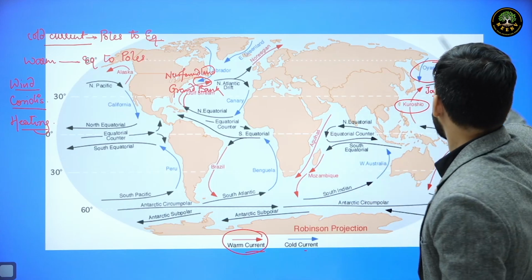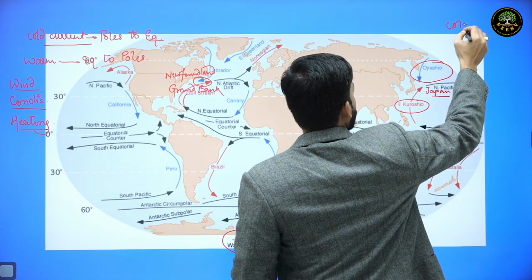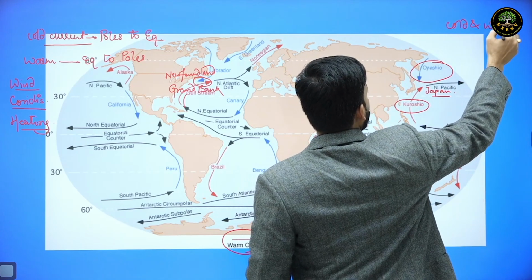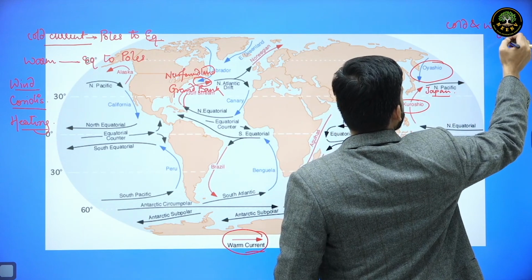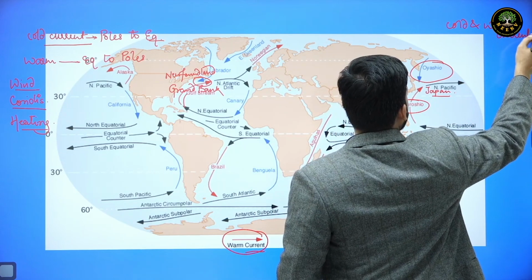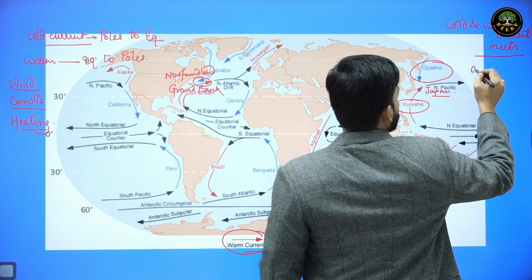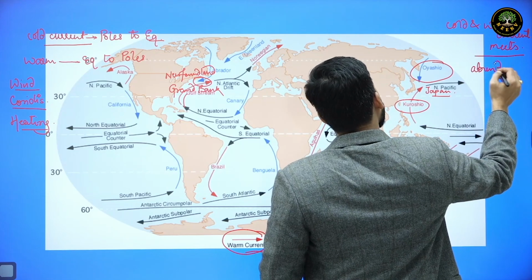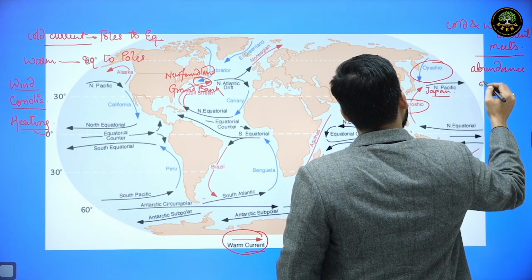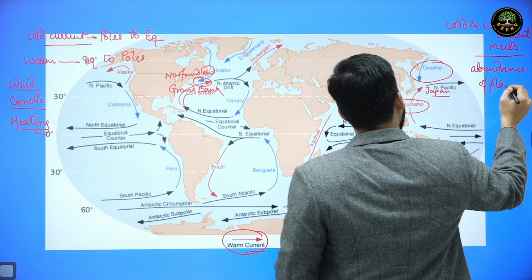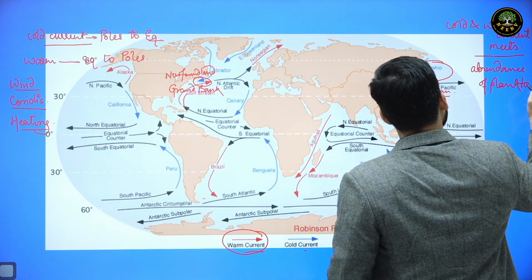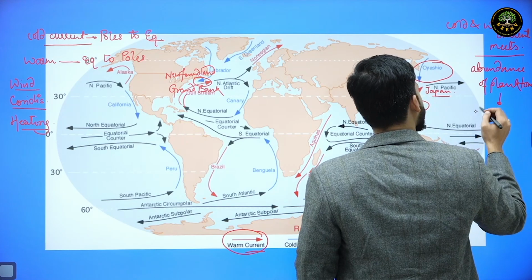Now what happens when cold current and warm current meet? There is abundance of plankton. And these planktons are the food for fishes.